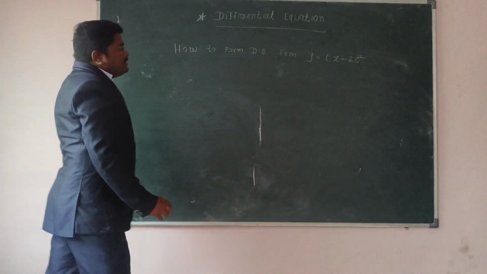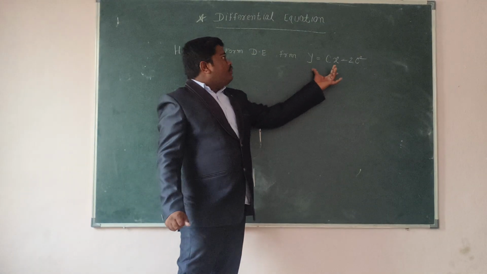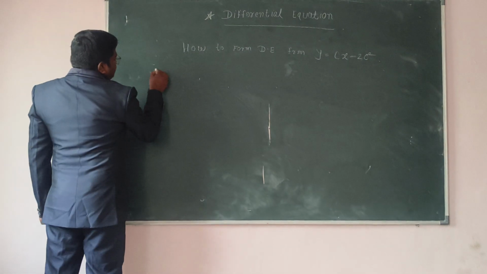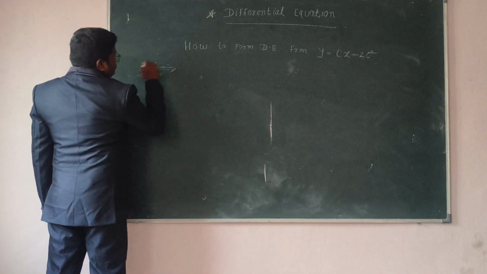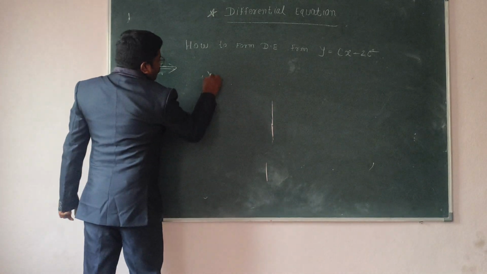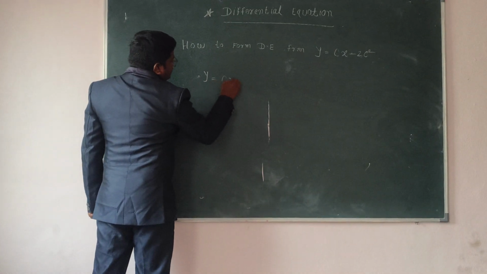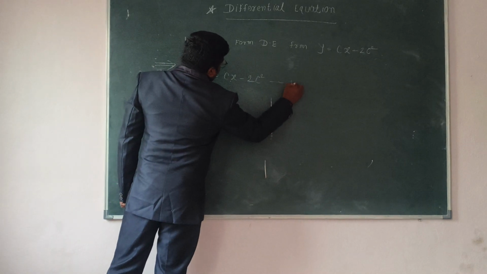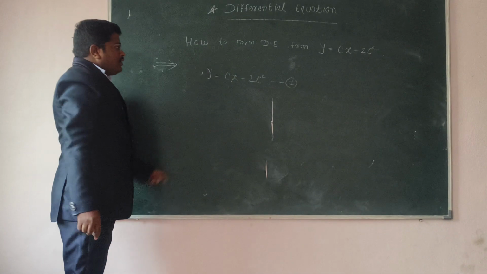So this is the general equation, and we will form the differential equation. Now how to solve this? We have the given equation y is equal to cx minus 2c square, equation number 1.